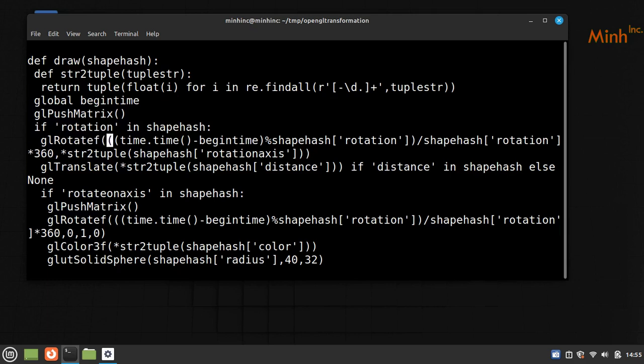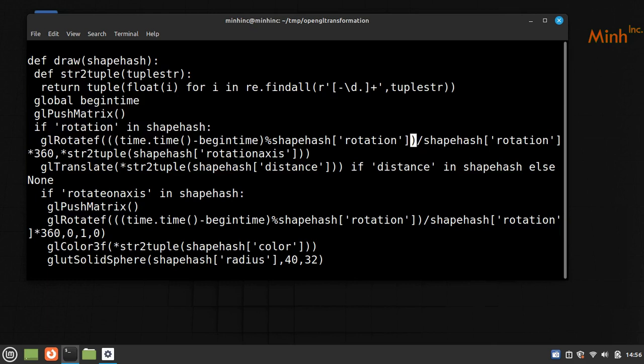Fine. Now time, whatever the current time minus begin time, percent the shape hash rotation. Okay. And so this is closed.